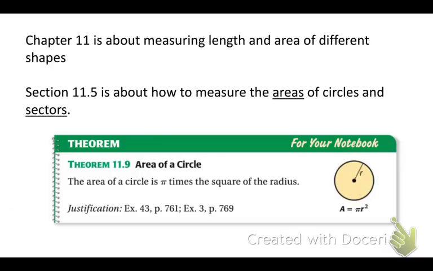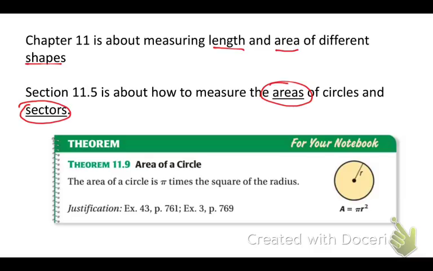So we start out with something that you hopefully all know already, but we just want to review it quickly. So remember that this whole chapter is about measuring length and area of different shapes. And 11.4 concentrated on circles, and so does 11.5. So 11.5 is about how to measure the areas of circles and sectors.